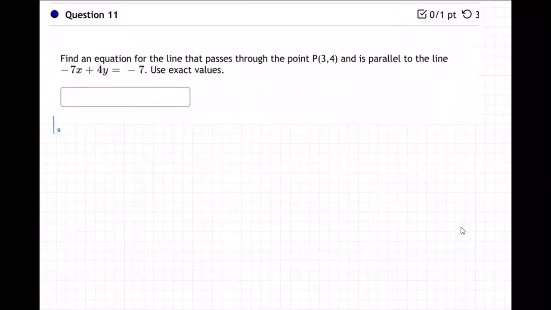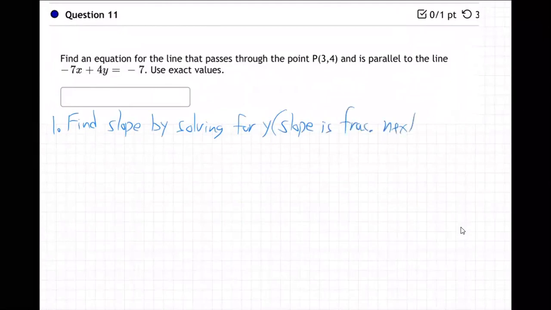Let's do it. Step number 1, find the slope by solving for y. The slope is the fraction next to x after y is alone.